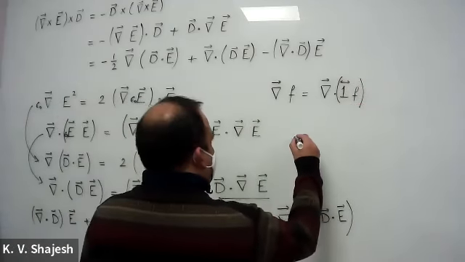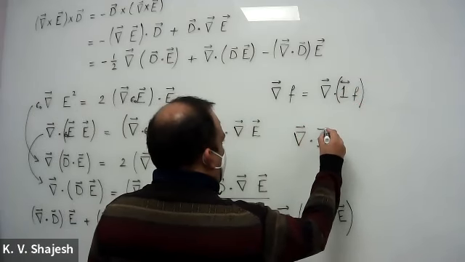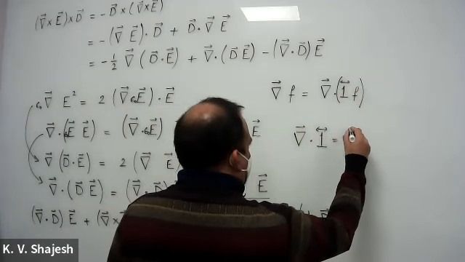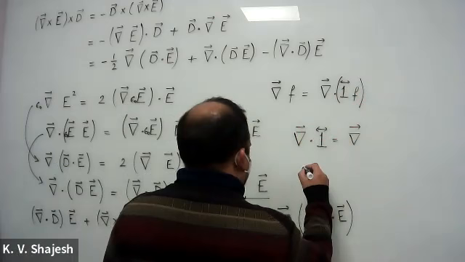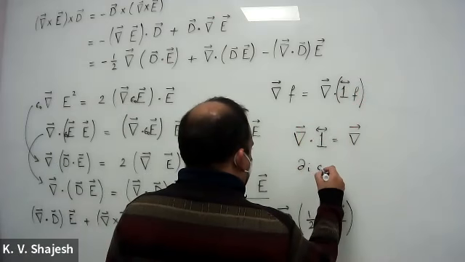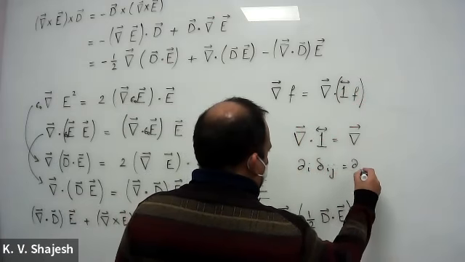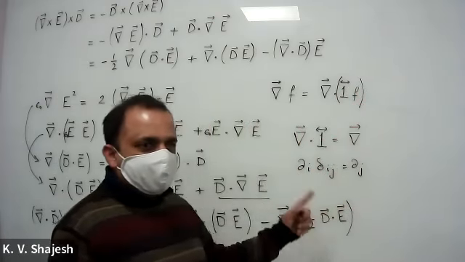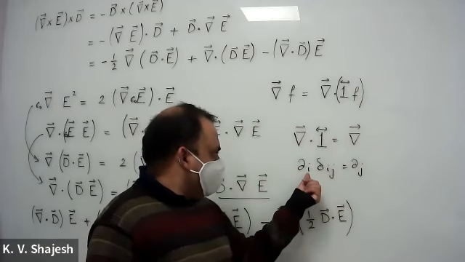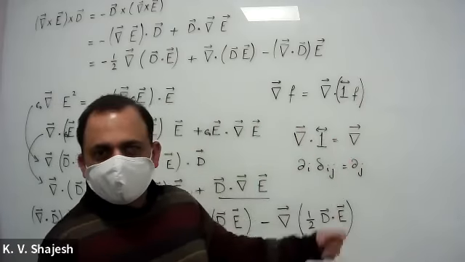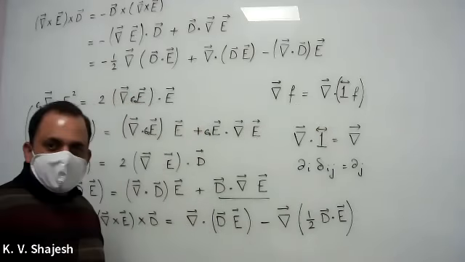Because a vector gradient of 1 is gradient itself. In index notation, this means del i, and then delta ij is del j. So this is a way of changing the indices from 1 to 2. That's just a trick we are going to use.